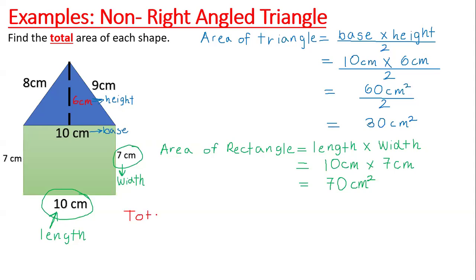So the total area, no problem. Total area is going to be what? 60 plus 70. Where did you get the 60 from? That's 30, my bad. 30 centimeters squared plus 70 centimeters squared, and I got 100.